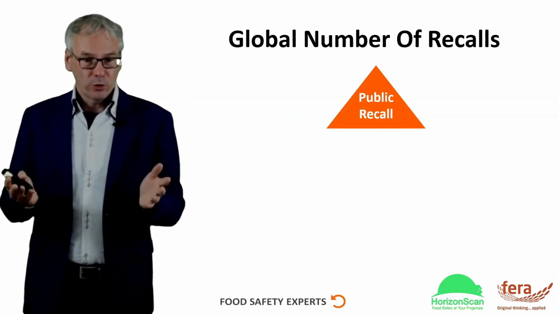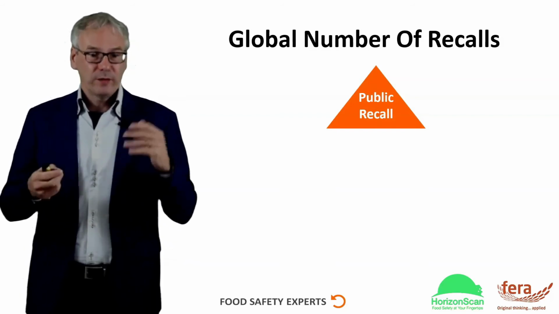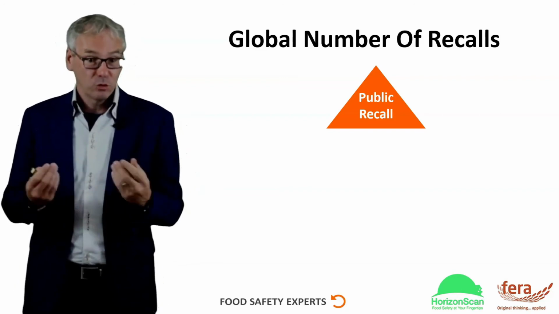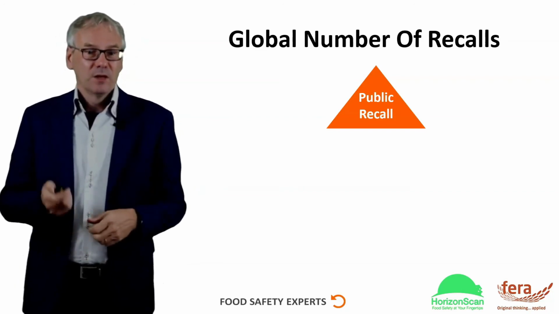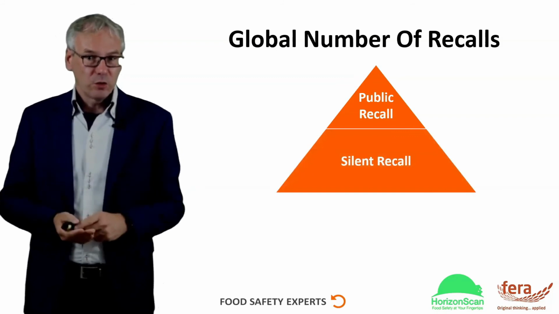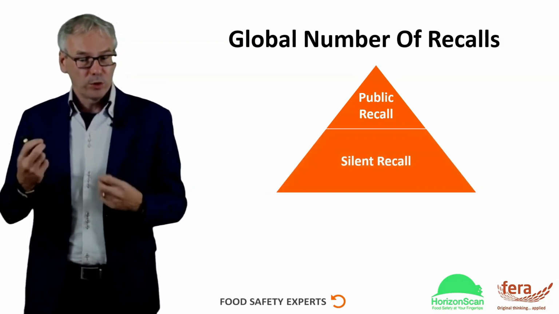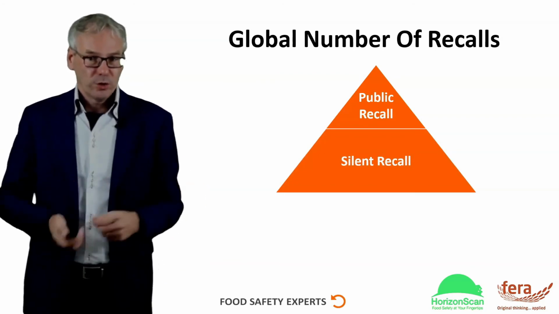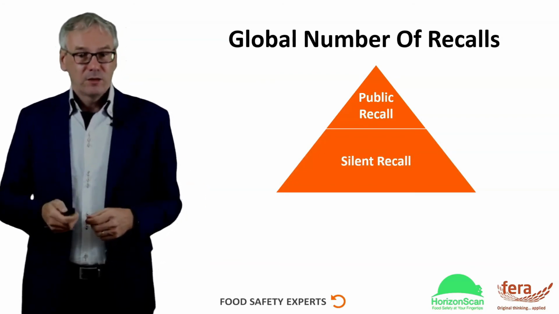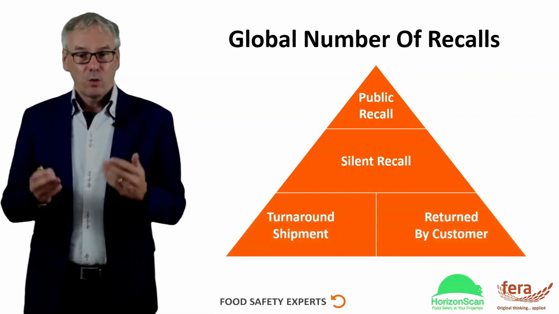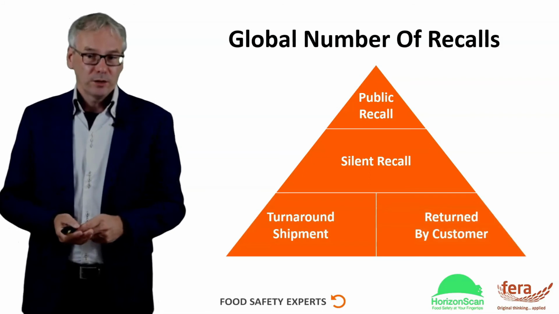That's where the authorities step in and get involved, and consumers are actively asked to bring products back to the retail shops. Then we have the so-called silent recalls. That's where the shelves are being emptied, but there is no public communication to consumers. And at the lowest level, we have either a shipment turning around or returned goods by the customer.